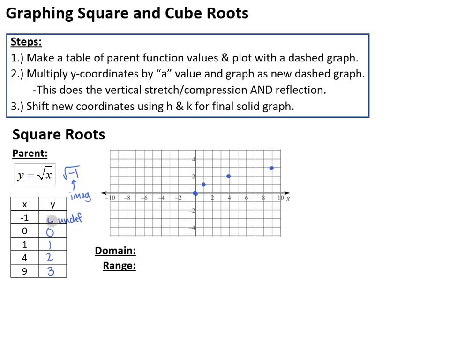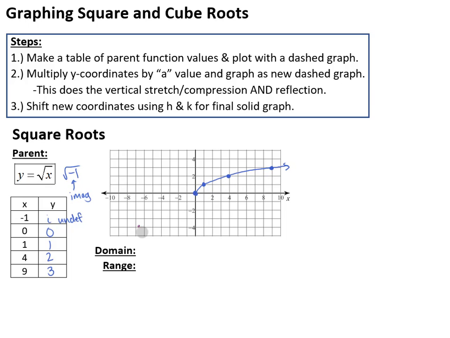Technically it's defined, but as an imaginary number. And so negative numbers under a square root are undefined, and we don't graph them on this graph. In fact, none of the negative numbers, as I go this way for x, give me back a real answer for this graph. So it actually has a starting point here at (0, 0), and then we get a nice curve that goes through all these points and continues up and to the right forever.